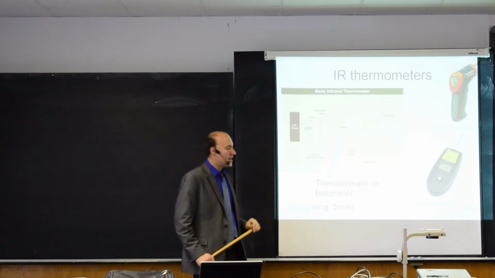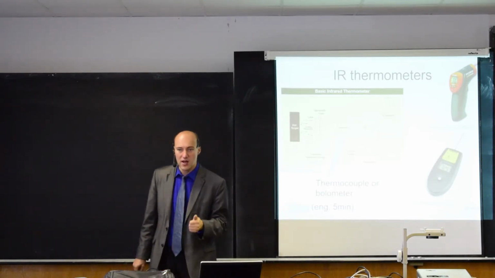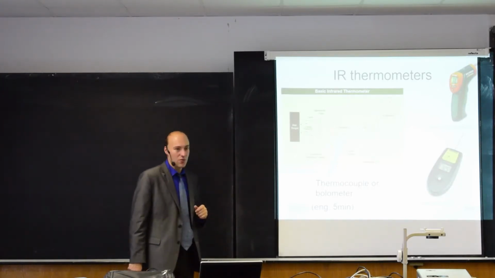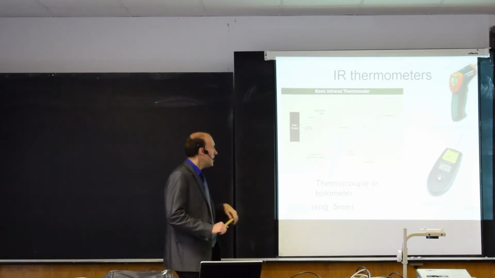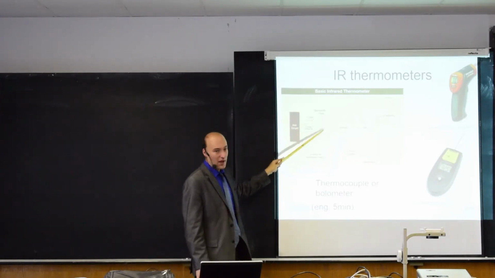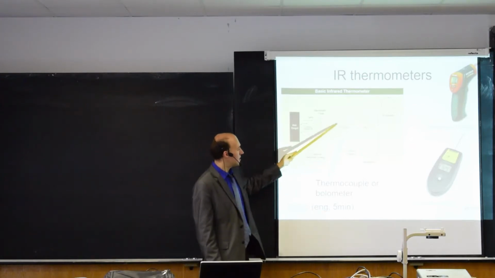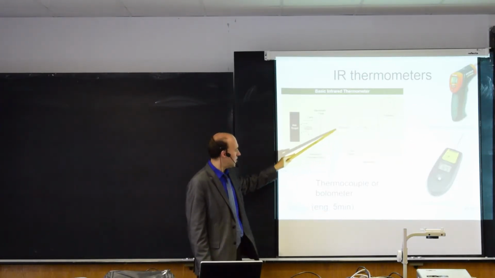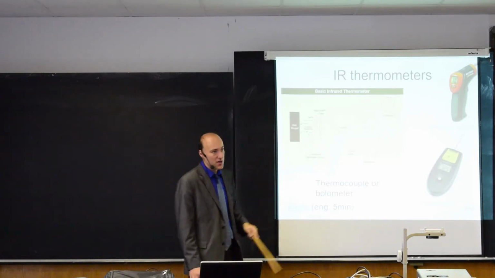This detector is either a thermocouple or a bolometer, which I will show you in a few minutes when we talk about thermal cameras. So here we have the radiation from the object. We have a lens, and this lens focuses the radiation on the detector. So here we measure the temperature with a thermometer.